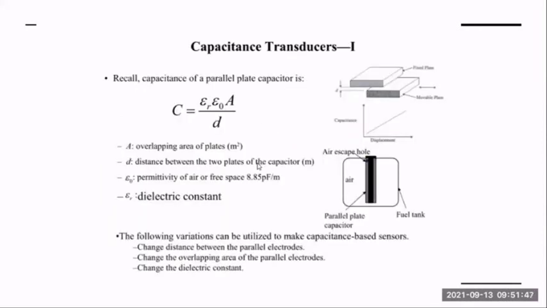Next, we have capacitance transducers. This is usually used in automated factories, like filling factories for filling water bottles. If you still remember the concept of capacitance, we have two plates and a dielectric in between.